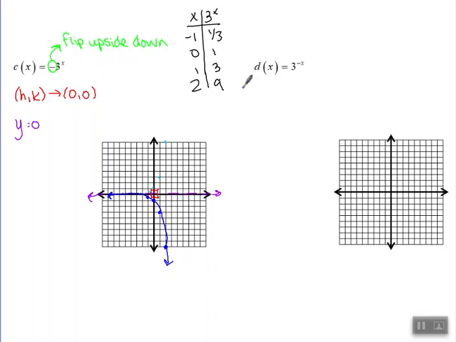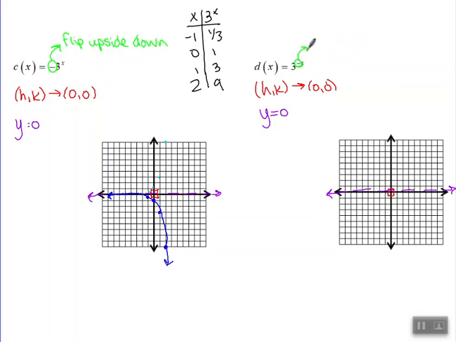Next, we have d of x equals 3 to the negative x. Our h, k point is again 0, 0, which means our horizontal asymptote is at y equals 0. The important thing on this example is we have negative x.